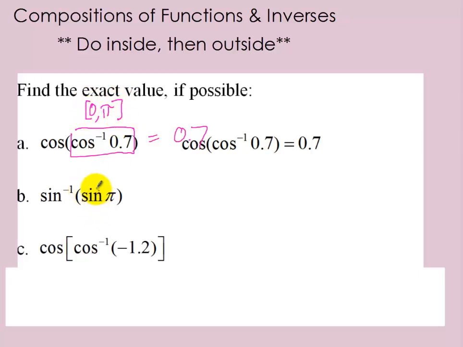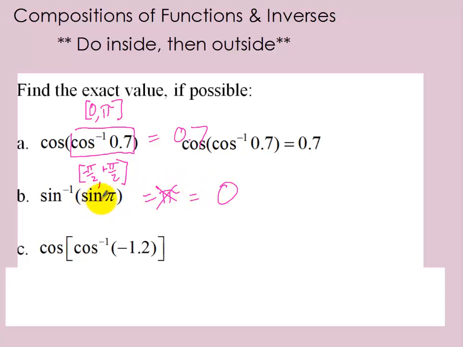But now the sine functions. We said the inverse sine has to be between negative π/2 and positive π/2. So if we did sine of π and then the inverse sine of that, you might say, oh, okay, it's got to equal π. Well, that doesn't work because that's not in that domain. That's going to actually come out to 0.